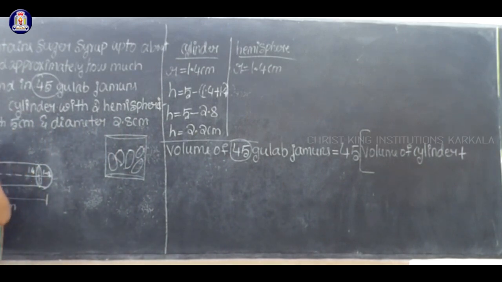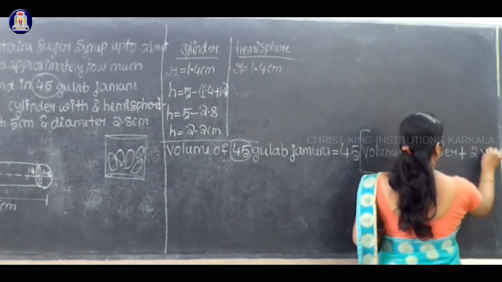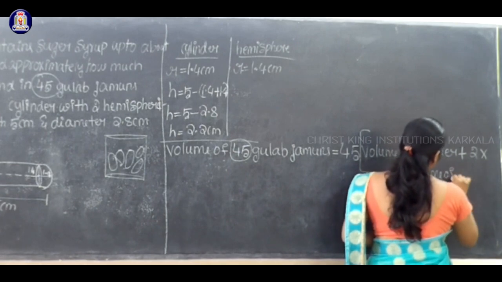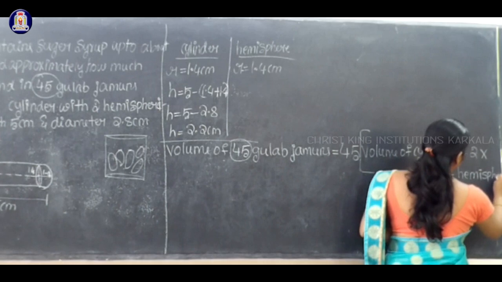So therefore there are two hemispheres. So therefore I will write 2 into volume of hemisphere.